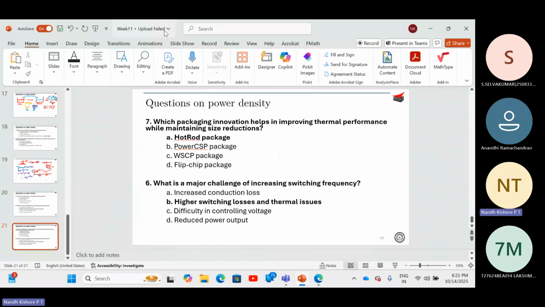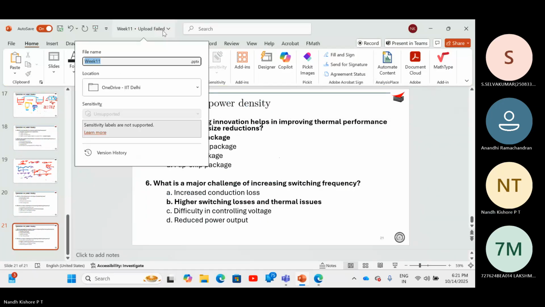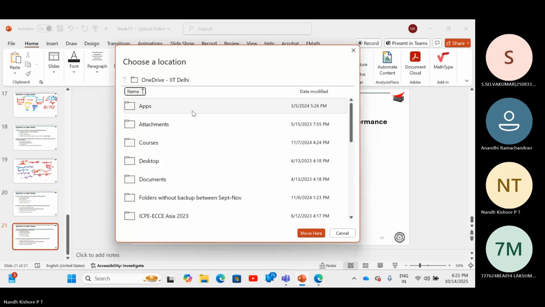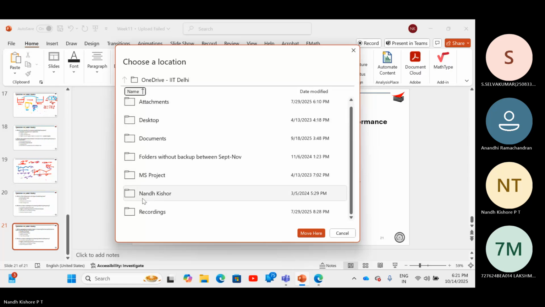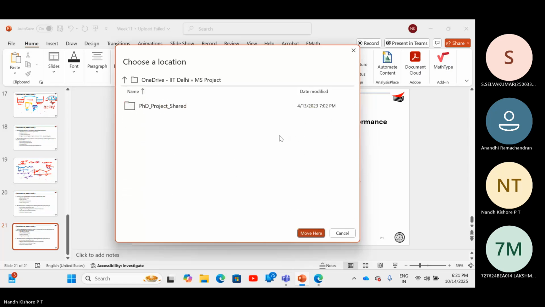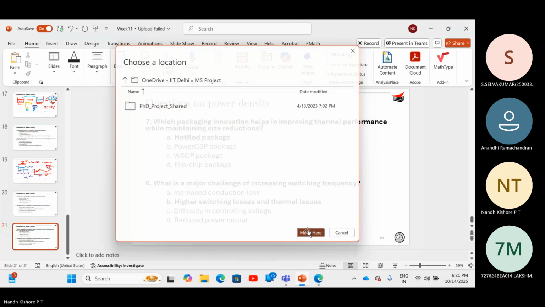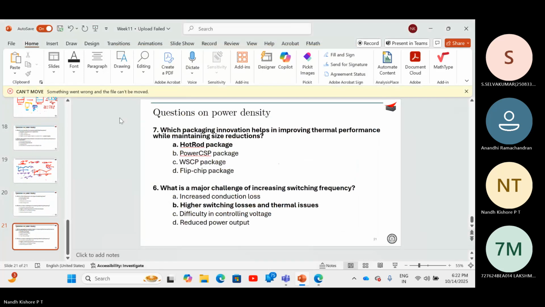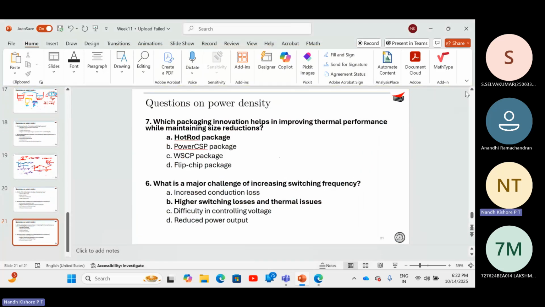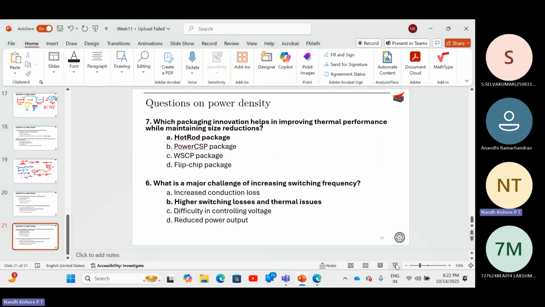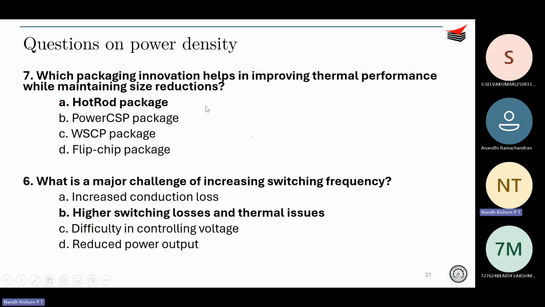What is the answer for this particular question, question number 7? Which packaging innovation helps in improving thermal performance while maintaining size reduction?